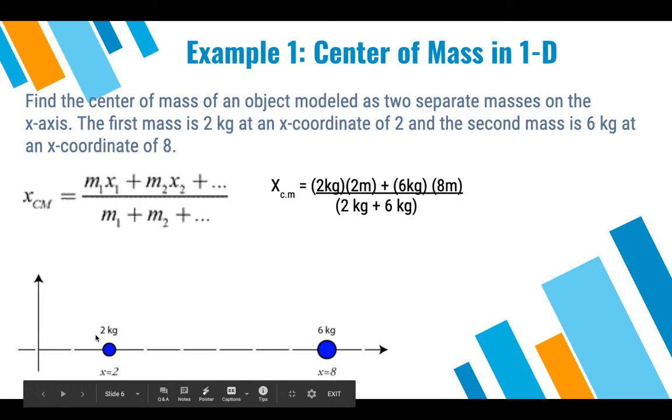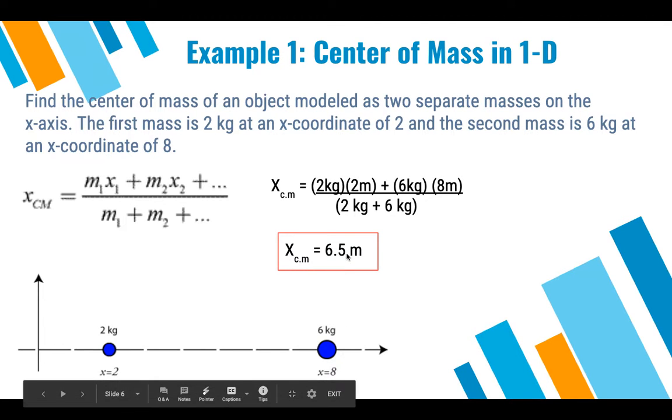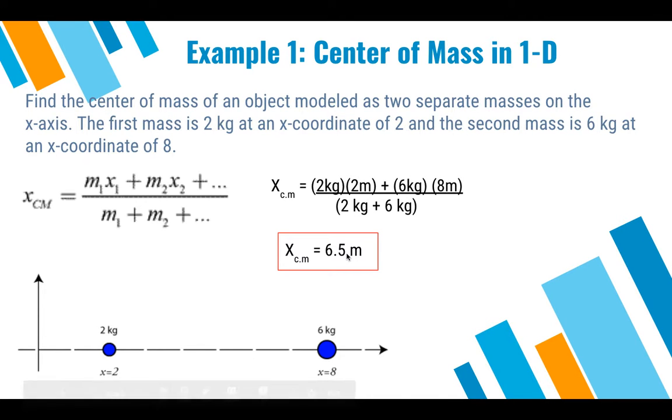And then we're going to divide by the total mass of the system, which will be 8 kilograms. So we find that the position of the center of mass is 6.5 meters. So the x-coordinate would be 6.5 meters.